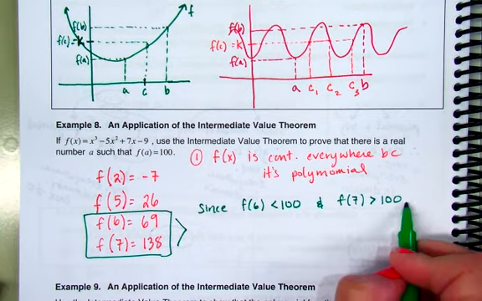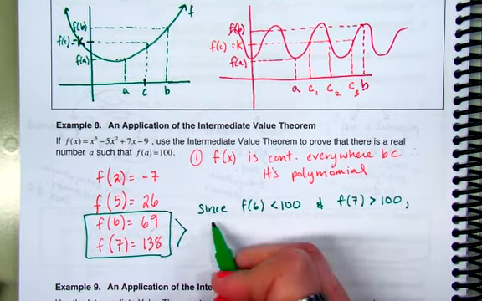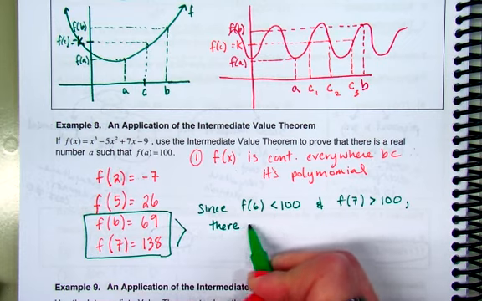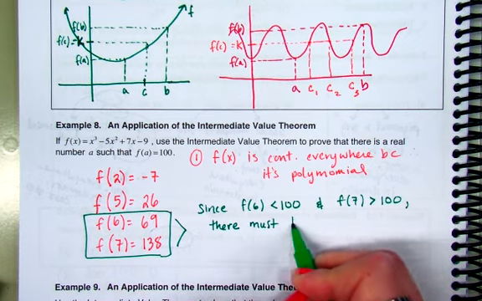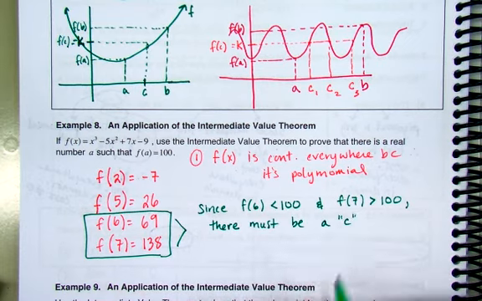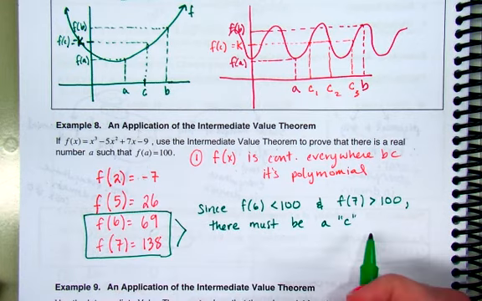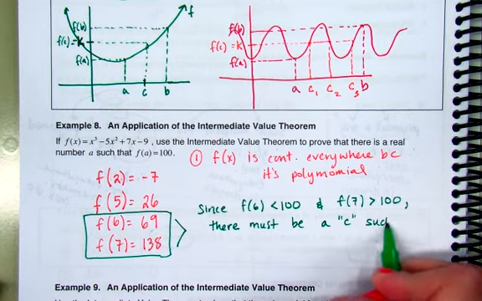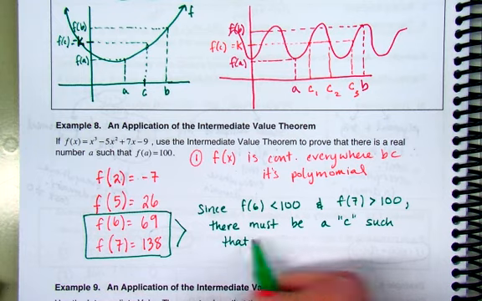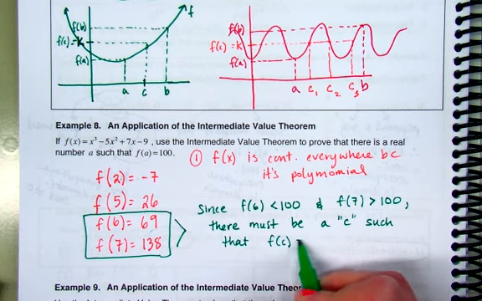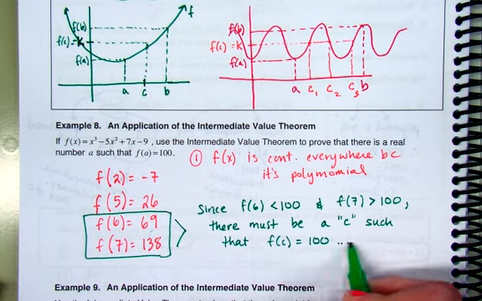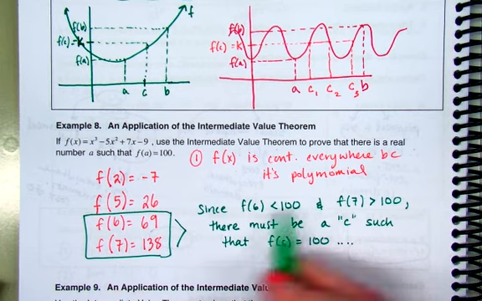Then the intermediate value theorem says there must be a C, well in this case they said A, but it doesn't really matter, same idea, right? C such that f of C is equal to 100. And C, by default, must be between which two values?